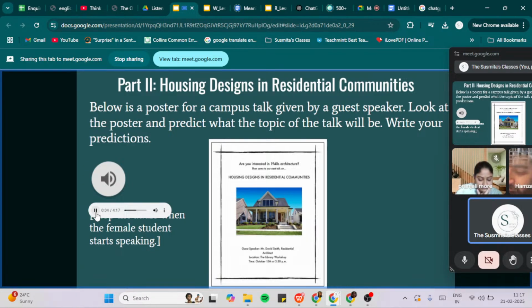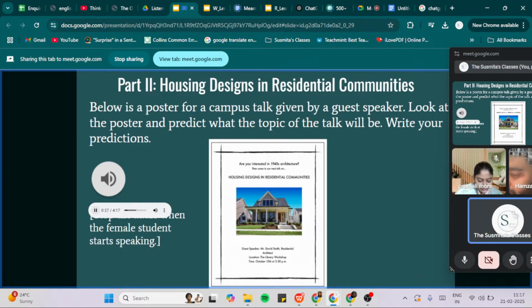Listen to part of a campus talk in the library. The speaker is an architect, and he has been discussing housing designs in residential communities. In my last talk, we looked at housing designs in America in the 1940s. We looked at some photos and talked about some apartment buildings in Chicago from that time.